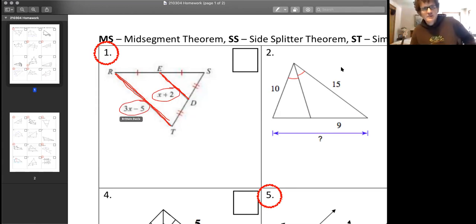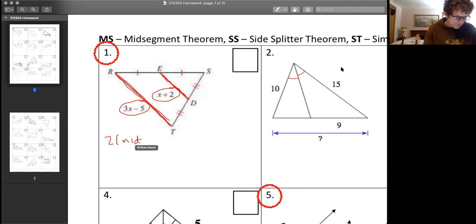So that's going to be another sign that it's mid-segment. And the reason that's important to identify is because we need to set this equation up a little differently. So the equation that we use here is that 2 times your mid-segment is equal to the parallel side.